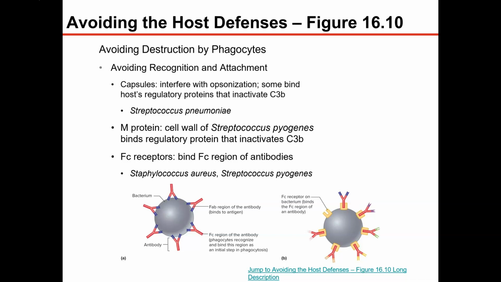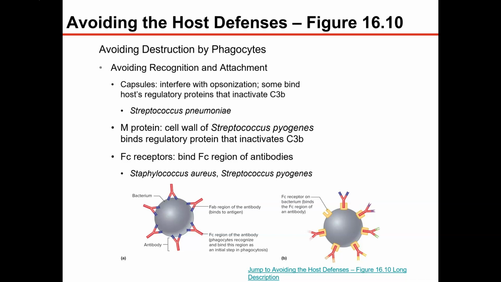Opsonization occurs when C3b binds to the bacteria, allowing antibodies to then bind the bacteria, which enhances the process of phagocytosis. Streptococcus pyogenes produces an M protein that inactivates C3b. So again, if it's inactivating C3b, then we're stopping that opsonization process.